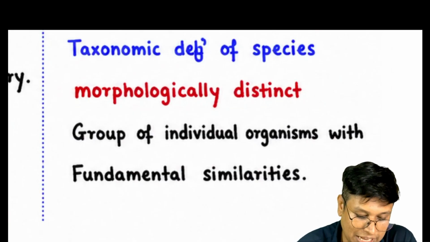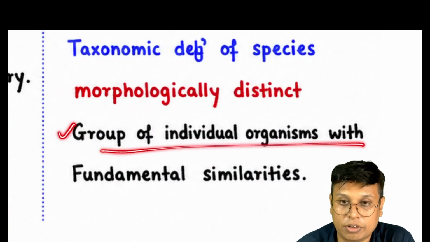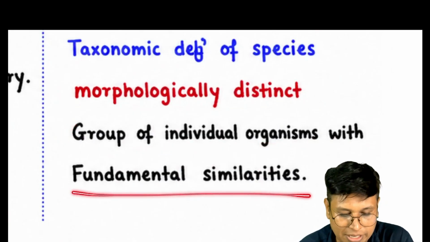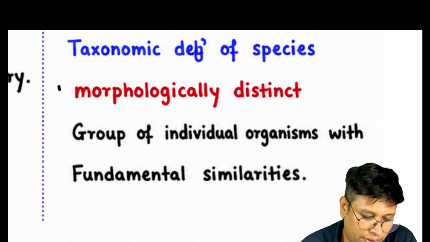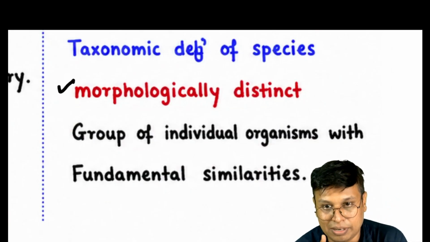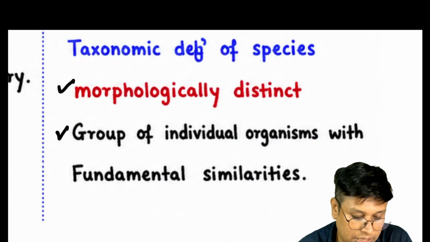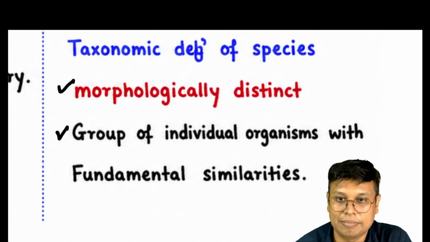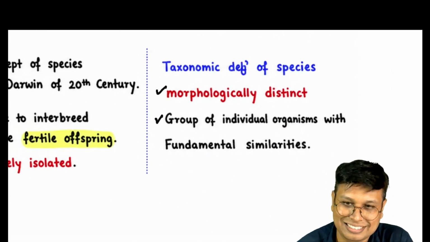Another way of saying that is it is a group of individual organisms with fundamental similarity. One way you can define it is as morphologically distinct. That means it is similar within them but different from all others. Or you can call it a group of individual organisms with fundamental similarities. Okay, next.